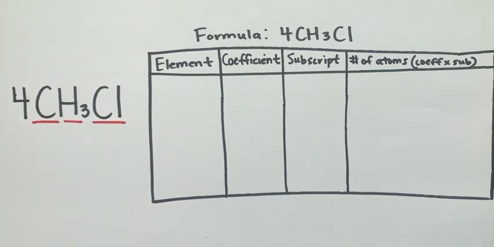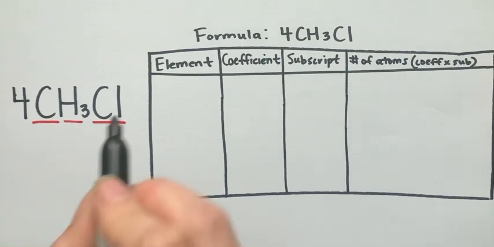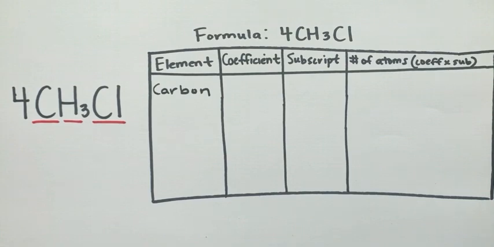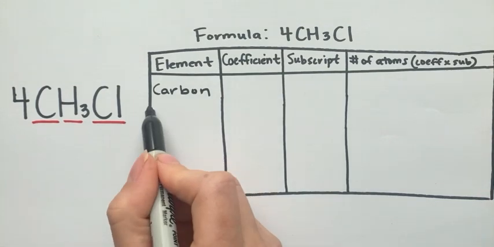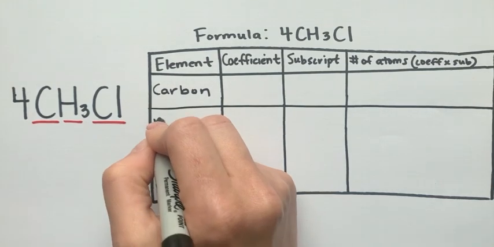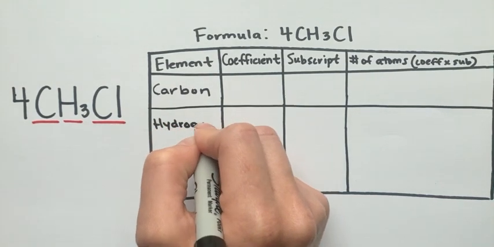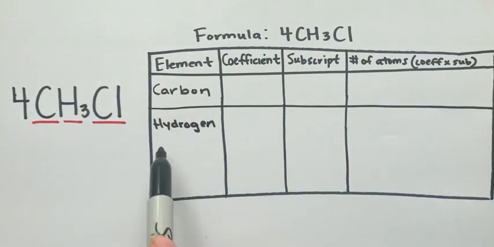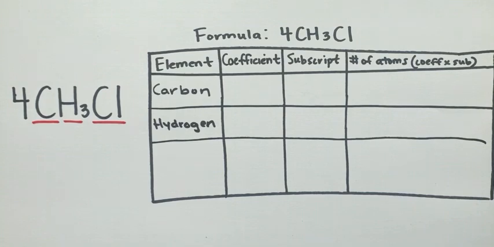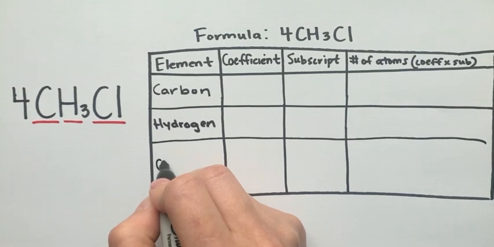Capital C, if we look at our periodic table, we know represents carbon. Capital H, again, if I look at my periodic table, I will find that H represents hydrogen. I'm going to write that in. And finally, Cl, if you were to reference your periodic table, you would find represents chlorine.